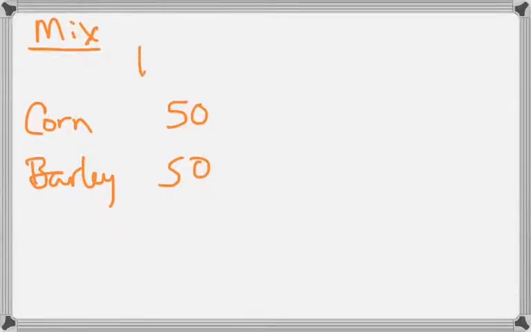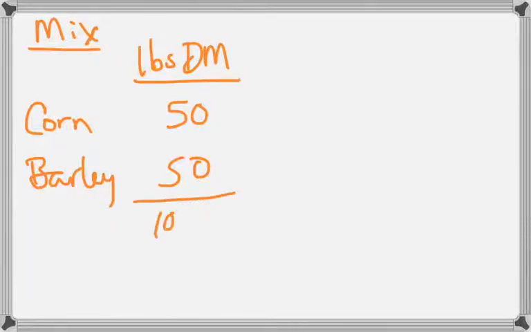We're going to assume this mix is out of the dry matter. So we've got 50 pounds of dry matter of corn and 50 pounds of dry matter of barley. Together, those total 100 pounds of dry matter. We're solving this ration on a dry matter basis, so there's no need to worry about converting to as-fed for this problem.